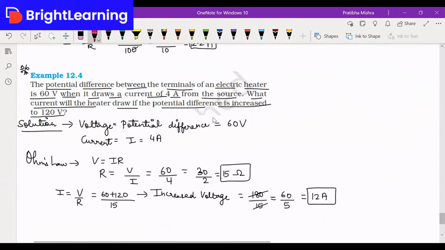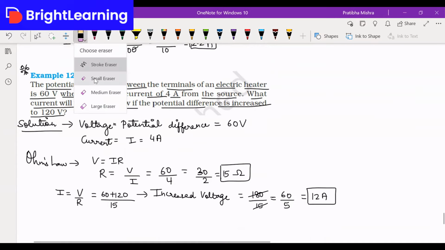In example 12.4, actually, there was a little bit of mistake. This was the last question that we did. While doing it at the last moment, you're supposed to find the current if you increase the potential difference to 120 volt.